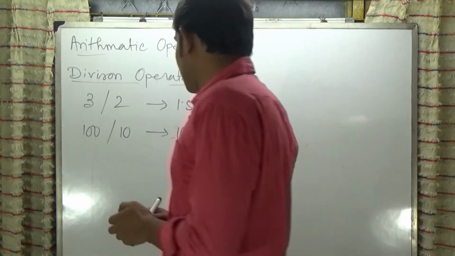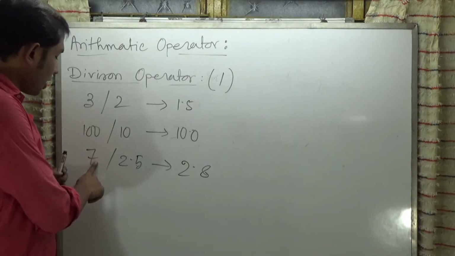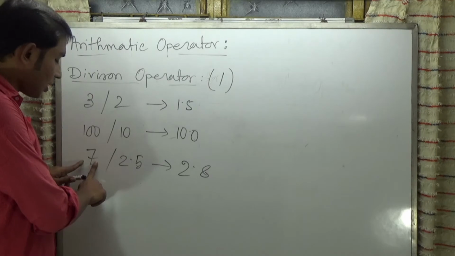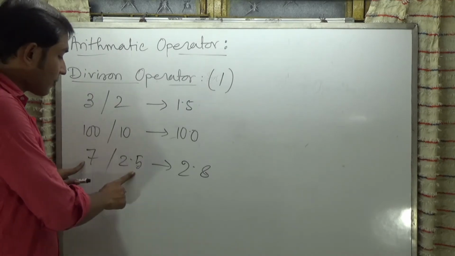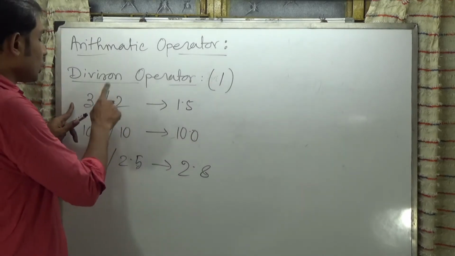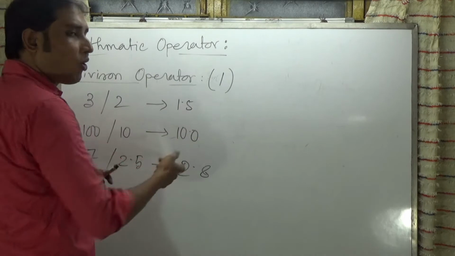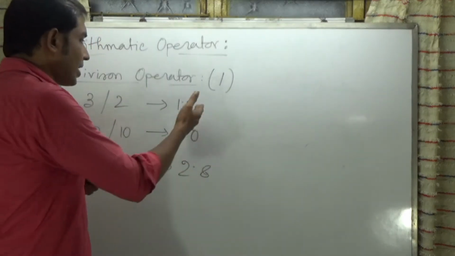So the division operator always returns the value in the form of float type. In the first case, the first one is a whole number and the second one is a fractional number, and it gives the fractional value. In the next case both are whole numbers, but the result is automatically obtained as a fractional value.